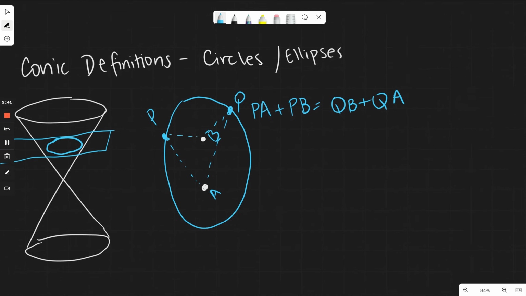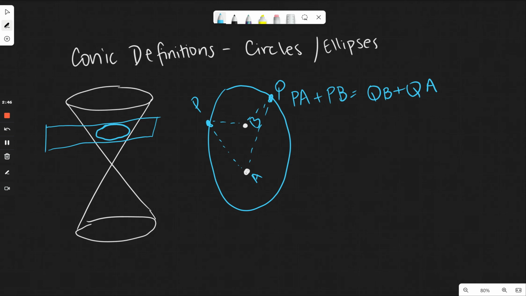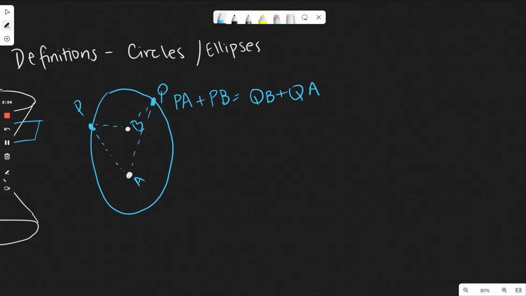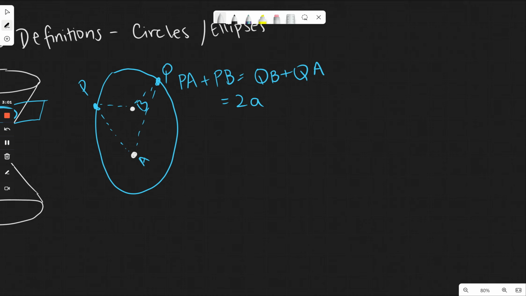And another interesting thing is that the sum of these distances is actually the length of the major axis. And we say that by saying that the sum of the distances is equal to 2a. Let me draw this out for you. You might be like, a, where did that term come from?